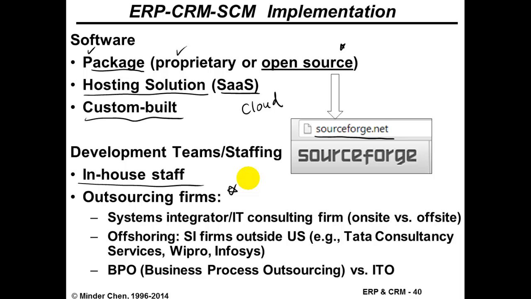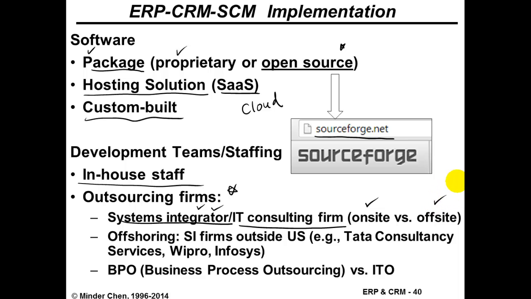Implementation effort can go to an outside firm, which usually are so-called system integration firms, SI, or IT consulting firms like IBM, or vendors like Oracle and Microsoft, which have their own consulting arm to help you do this type of integration. And when they send people to work on your implementation, they can be on-site or they can work off-site.